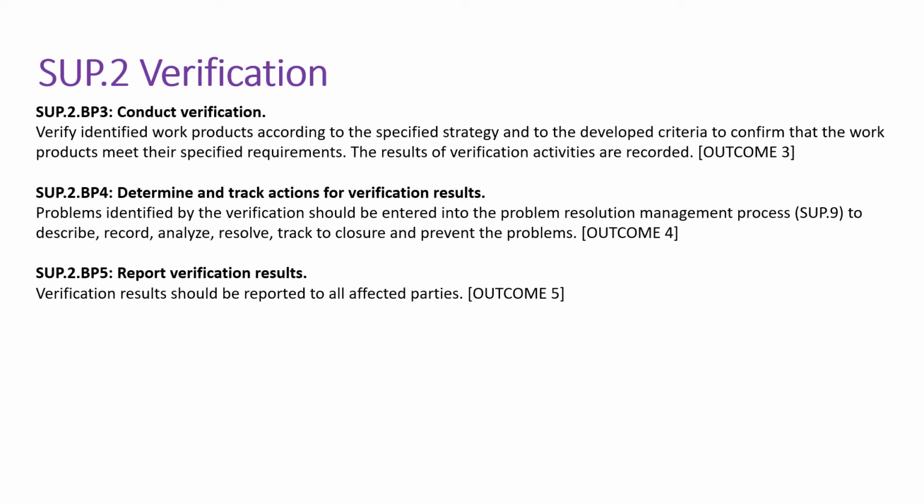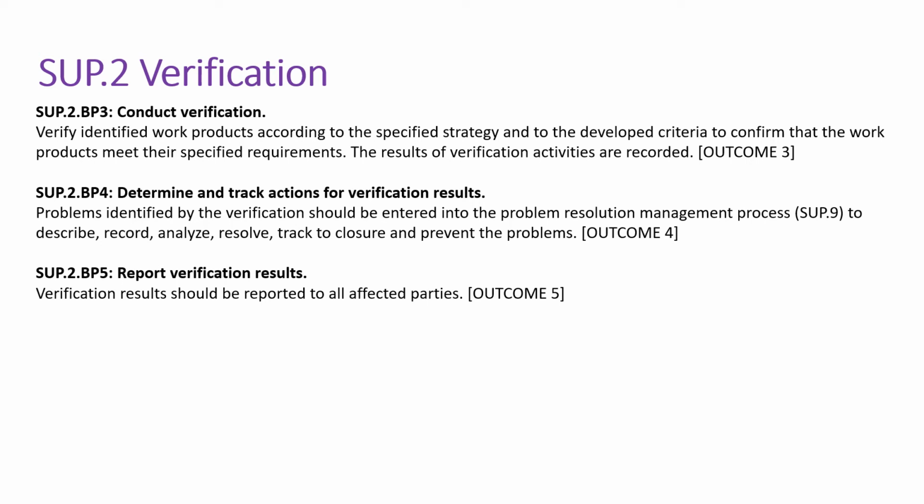And recording is nothing but you are entering it somewhere, and you need to analyze why it came, why it was recognized now, and why not in the previous phase. So like this kind of bucketizing, analyzing, these things will be there. And what is the resolution for this, how to resolve it, or how did you address it, and track to closure, so what is the deadline for it, and how can you prevent these kinds of problems in the future. So all these things you need to track.